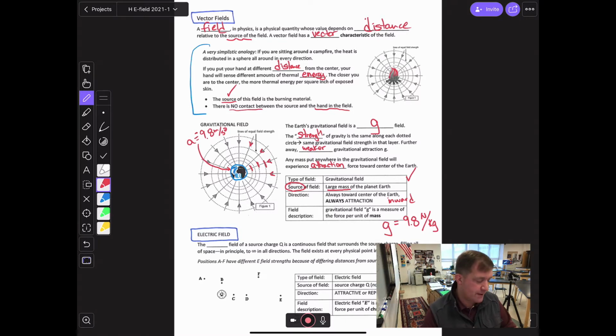So here's something new today, the electric field. So the E field, or the electric field, is created by a source that we refer to as Q, and it's the source charge. And that E field that is created by every source charge is continuous in every direction. It spreads out indefinitely.